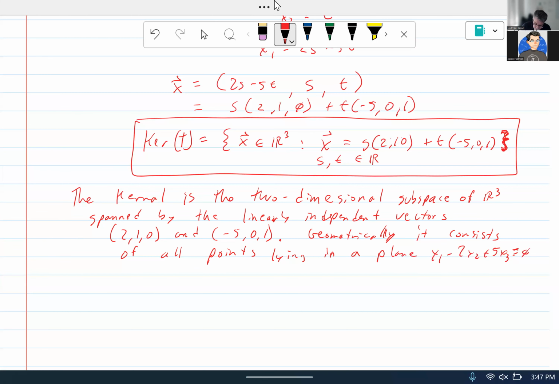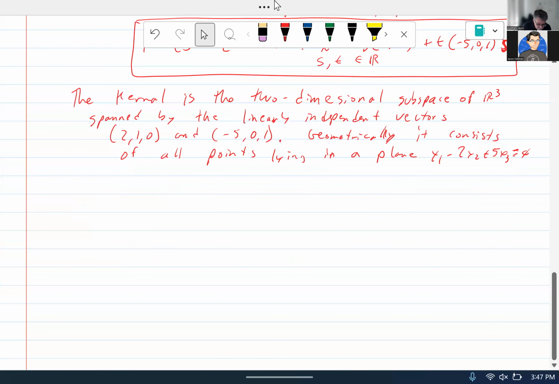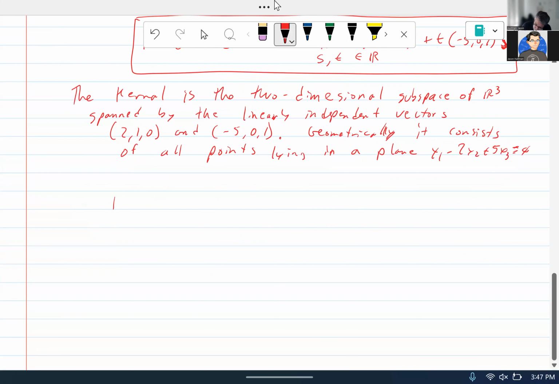Okay, so what about the range? Well, the range of T is just the column space of A. So what's the column space of A here? Let's go through that.